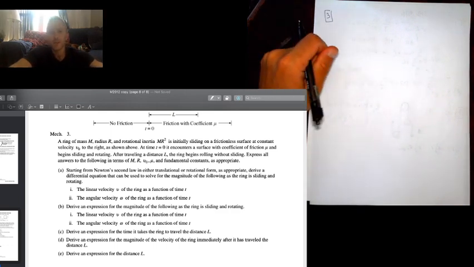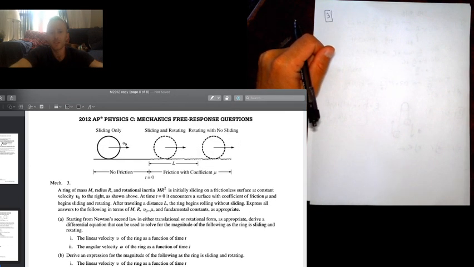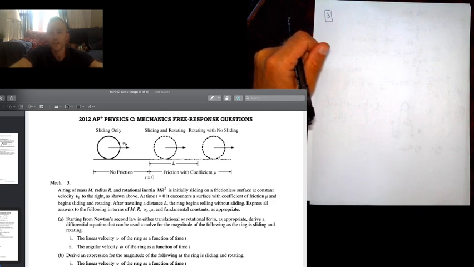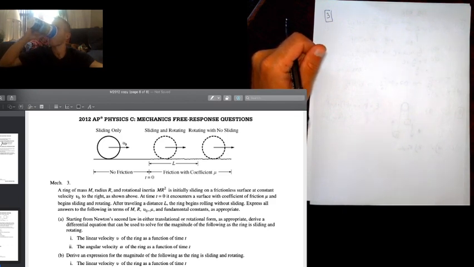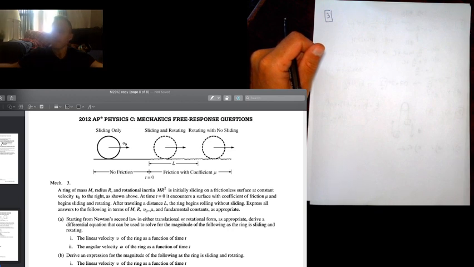Okay, a ring of mass m, radius r, and rotational inertia mr squared is initially sliding on a frictionless surface at a constant velocity v naught to the right. At time t equals 0, it encounters a surface with a coefficient of friction mu and begins sliding and rotating.